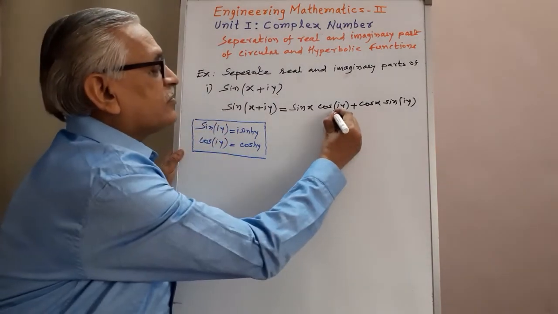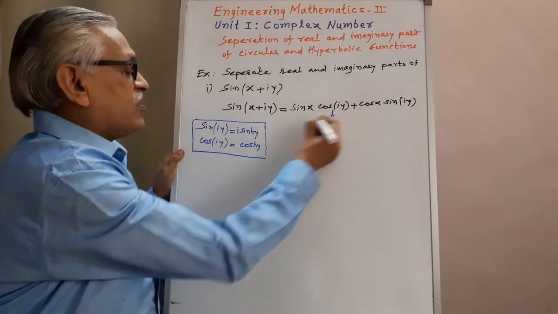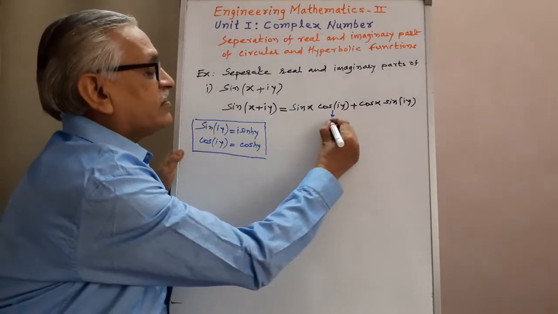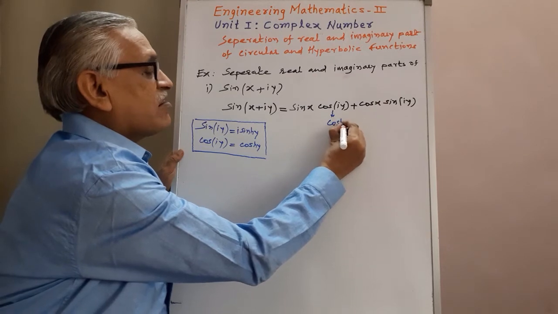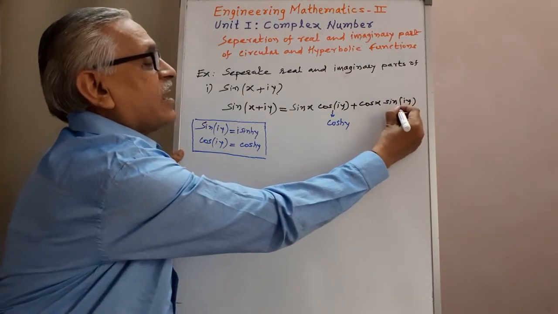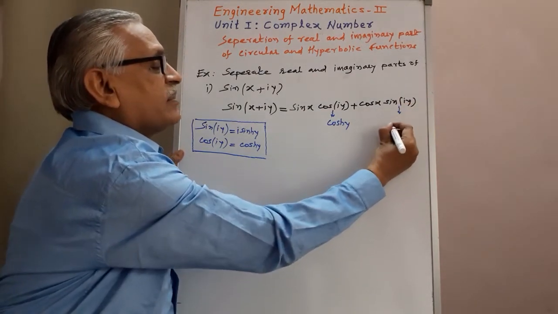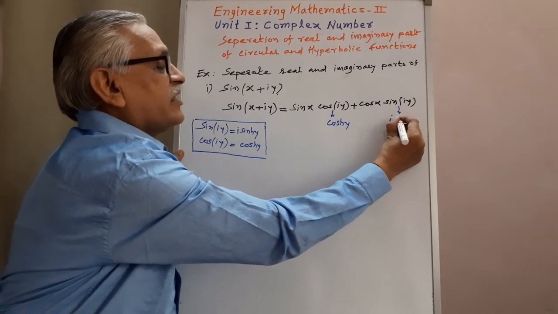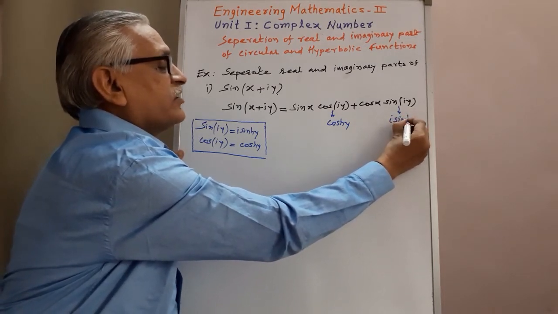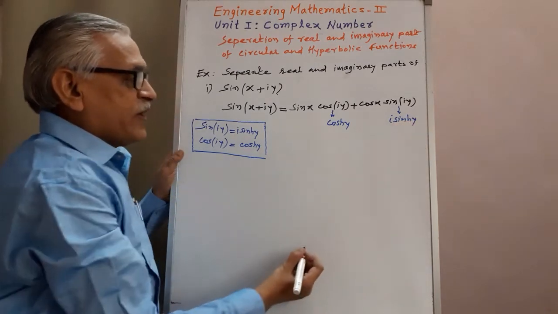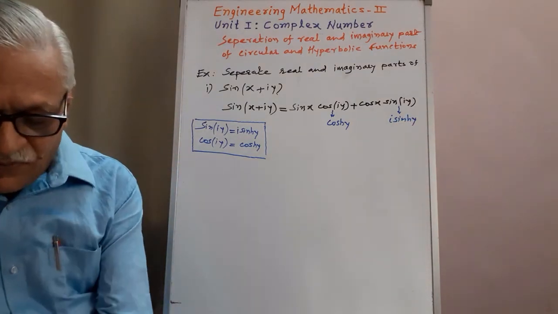Therefore I will replace cos iy as cosh y, and sin iy I will replace by i sinh y, keeping other terms as they are.